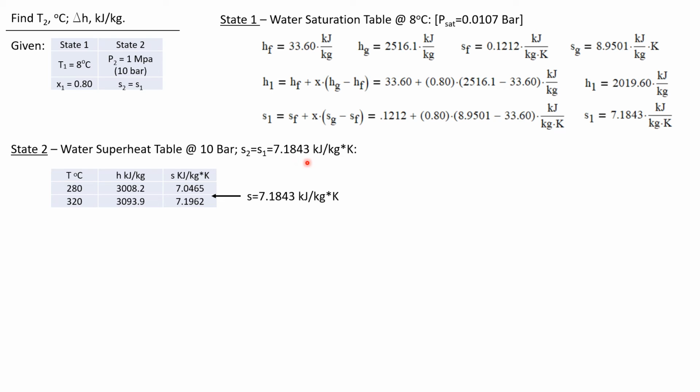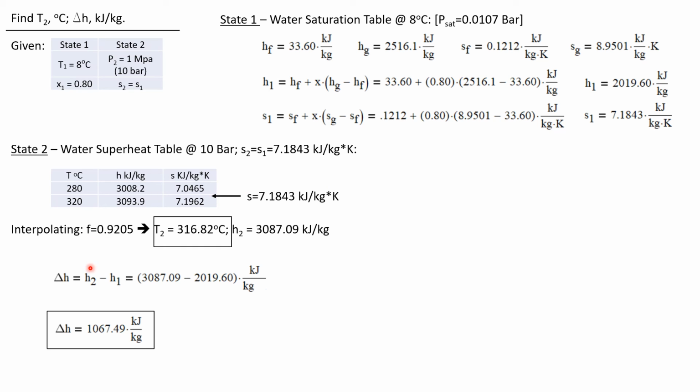We're not going to find this state in the saturation table, but we do find it in the superheat table. But we don't find a table value with this exact specific entropy. Instead, we find that this value falls somewhere between a temperature of 280 degrees C and 320 degrees C. So again, we're going to have to interpolate values for T and H based on our knowledge of the entropy and these two entropy table values.